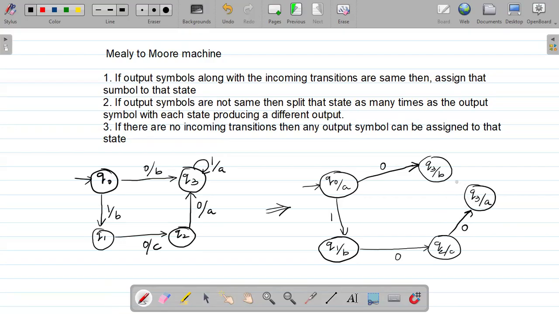Now there is a transition from Q3 to Q3. We can move from Q3 to Q3 on getting 1 as the input, with A as the output, so the incoming transition should be on Q3A. This we need to take care of.